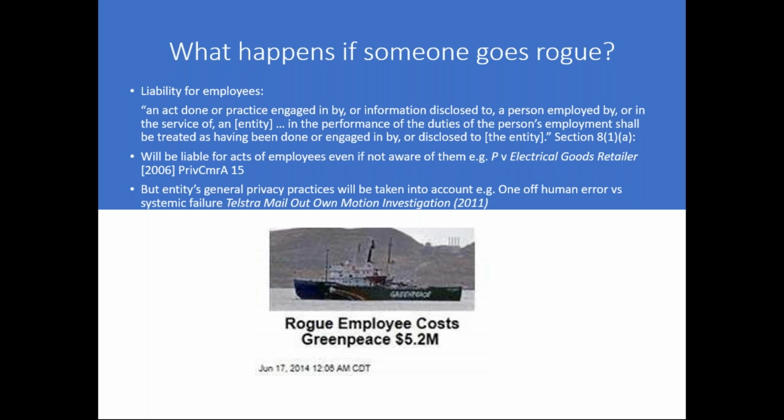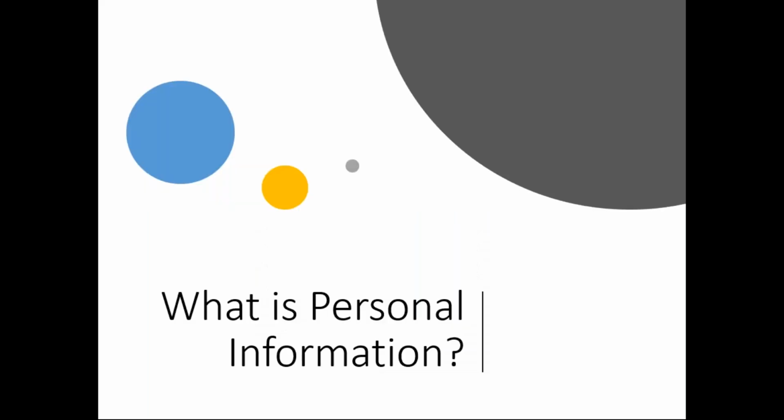This puts the onus back on you to make sure that people are appropriately trained, and that you have appropriate systems in place to look after personal data, so that if something does go wrong, your organisation isn't going to be held liable for that particular act. Again, if that's something of concern to people, we can talk more about that.